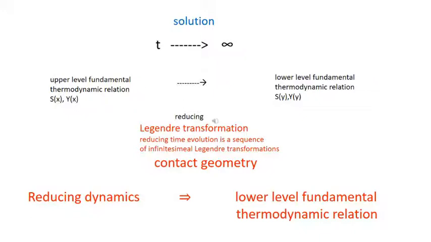And in fact, it is also possible to show that the solutions of that abstract Boltzmann equation are a continuous sequence of contact structure preserving transformations. It means Legendre transformations.